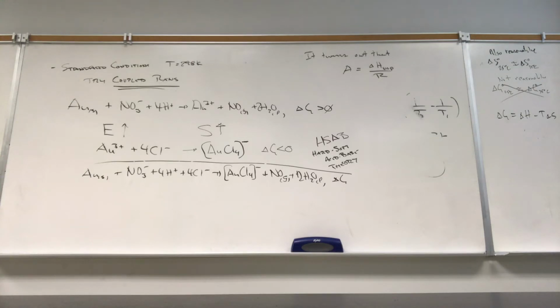At 673 Kelvin, it's plus 125 kilojoules per mole, meaning it's what? Spontaneous or non-spontaneous? Highly non-spontaneous or just a little non-spontaneous? Pretty decently non-spontaneous. Not much is going to happen here.